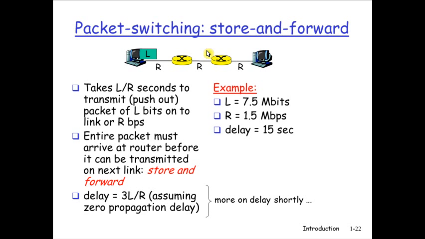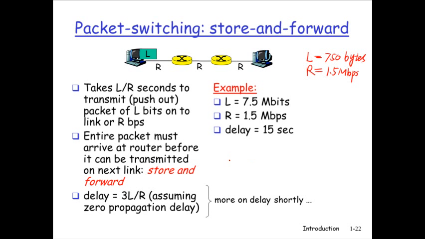Let me just give the example. Let's say L is 750 bytes. This is very typical. And R, let's say, is 1.5 megabits per second.